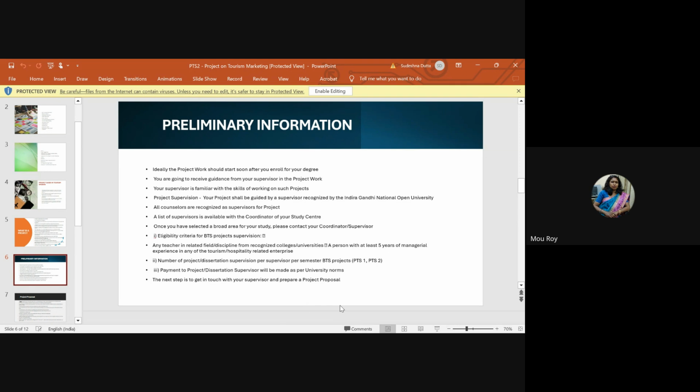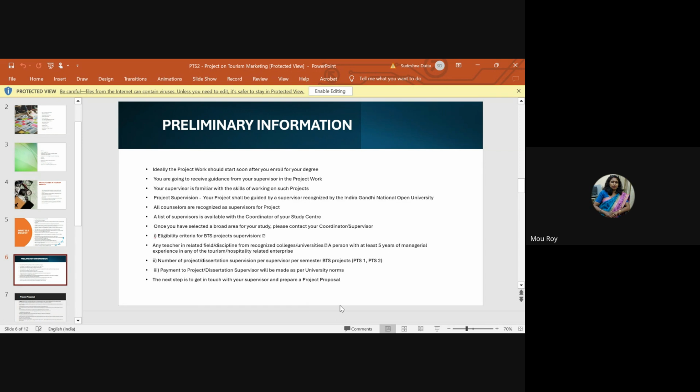Of course your supervisor will guide you. The supervisors are all counselors whom IGNOU selects, and then they become the guide of students.